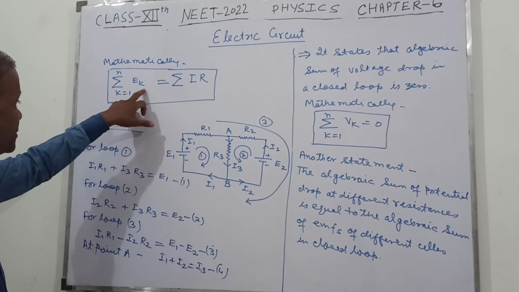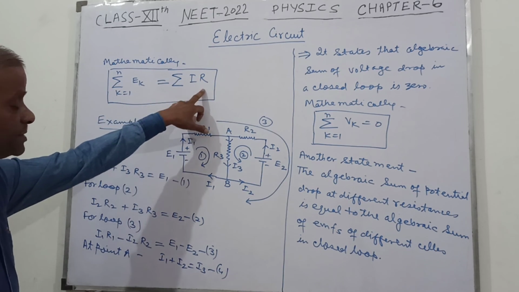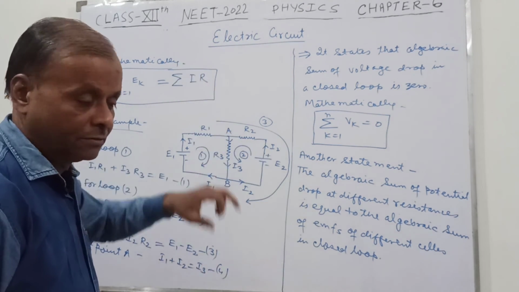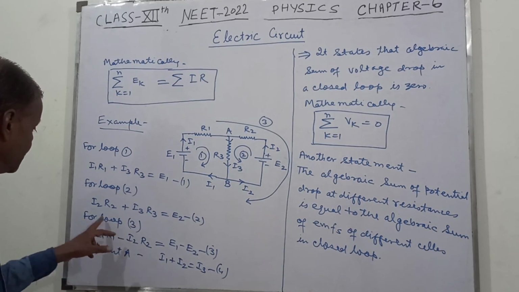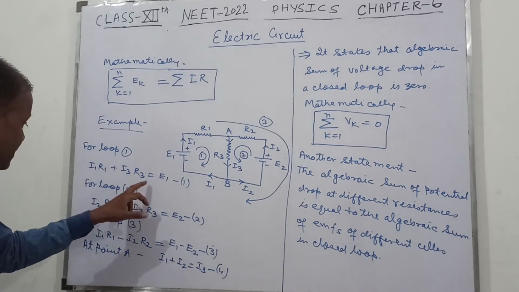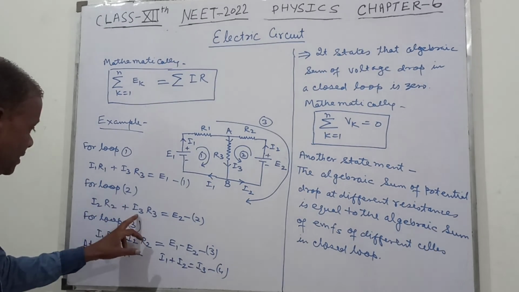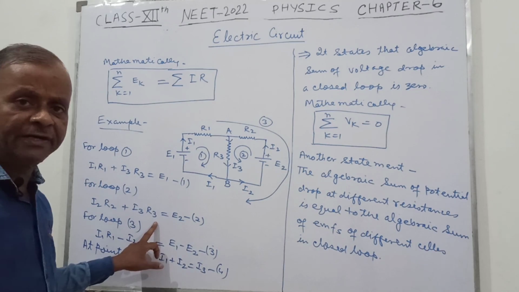This is summation E equal to summation IR. You can see here that these resistances are not equal: I1 R1, I3 R3, I2 R2, I3 R3. They may be different or may be the same.